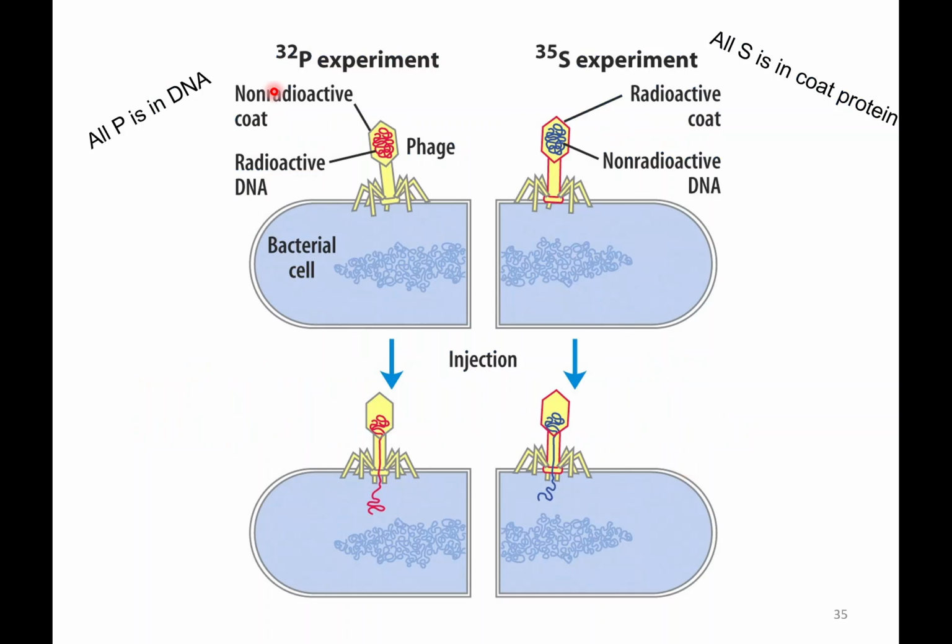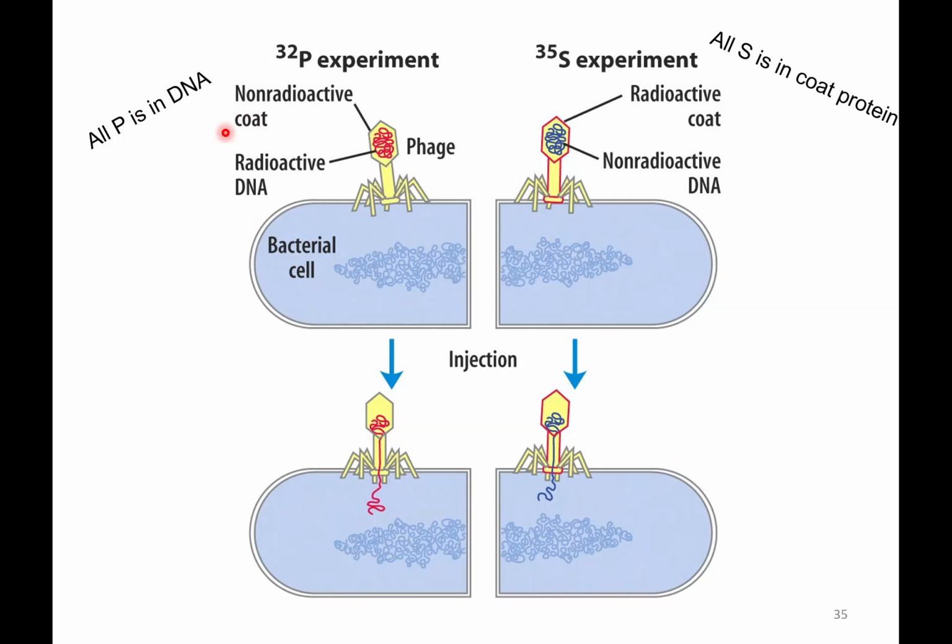Okay, how did they do this? Well, they used radioactivity. They would label some viruses with radioactive phosphorus, so P32.